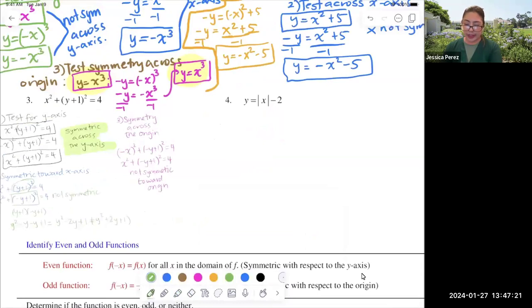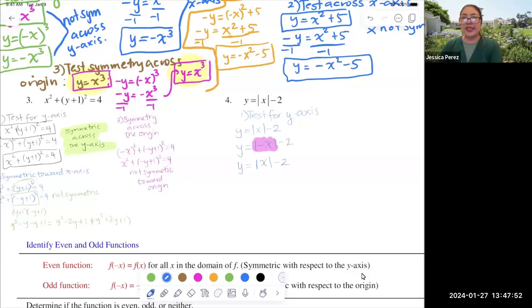So that last piece is, again, number 1, I'm going to test for the y-axis if it's symmetric. So if I have y equals the absolute value of x minus 2, now it's y equals the absolute value of negative x minus 2. But what do we know about absolute values? Because it's an absolute value, the inside of any absolute value being negative, it's still the same because it's the distance away from 0.